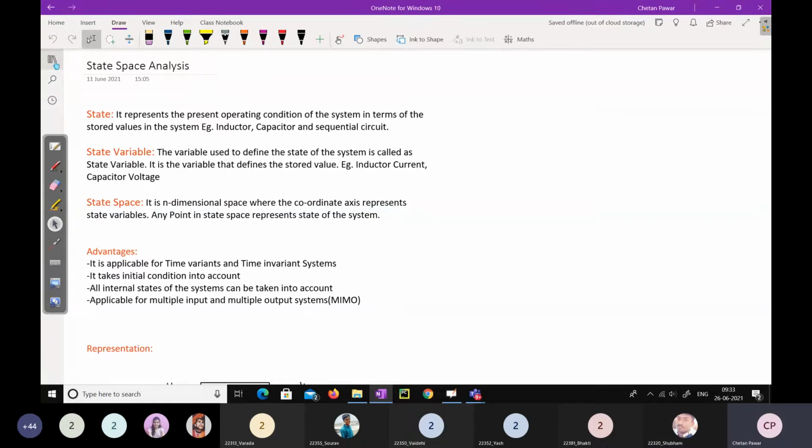So what is meant by the state space analysis? Let us consider one low pass filter.